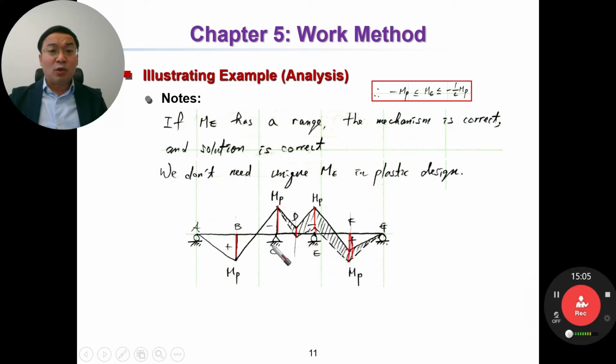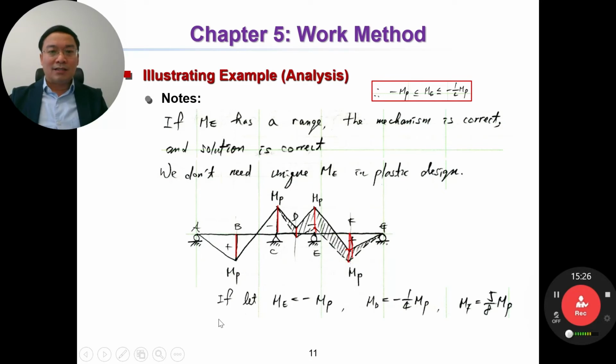So the important thing is that the moment at every section is satisfied with the moment check condition. That is important.